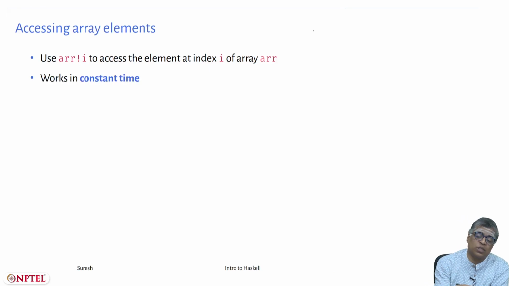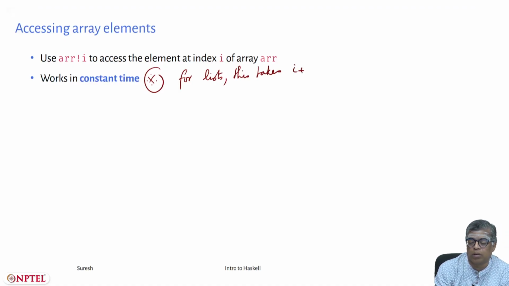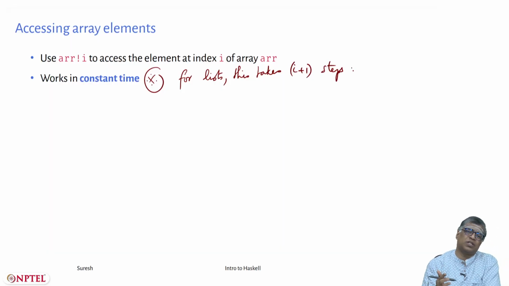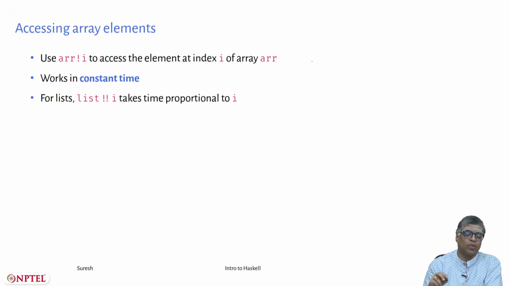And this works in constant time. This is very, very, very important. For a list, this takes i plus 1 steps or whatever, i steps, let us say. For a list it takes time proportional to i, as I said.